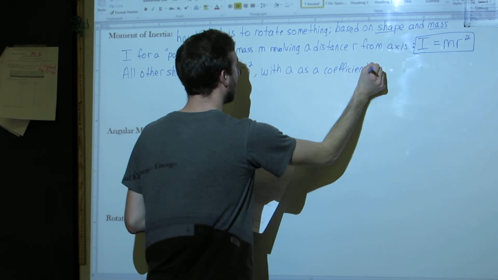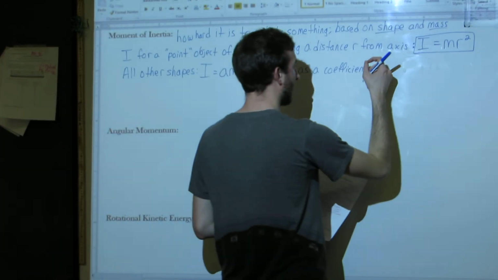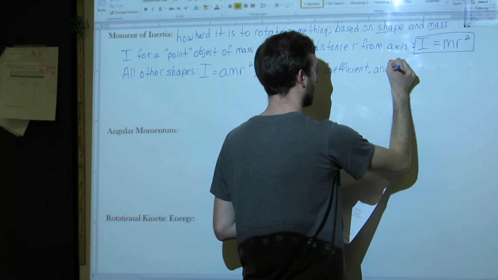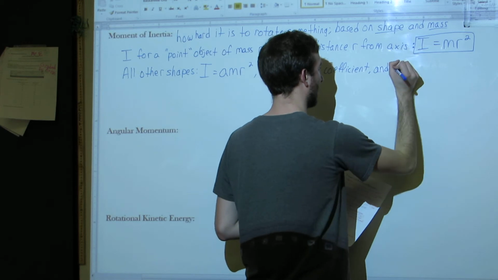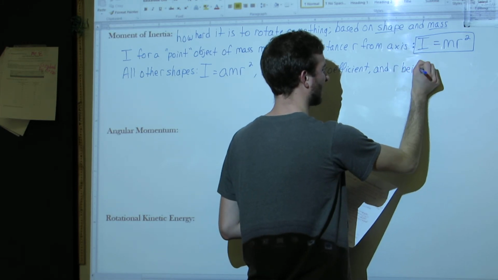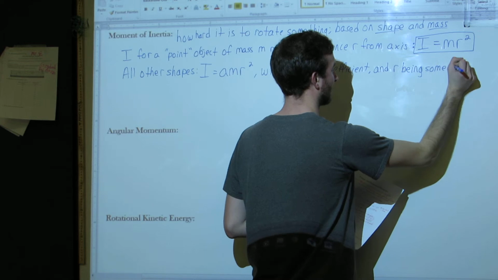A is some coefficient. Obviously, m is the mass, and r is, I'm just going to call it, some important distance.